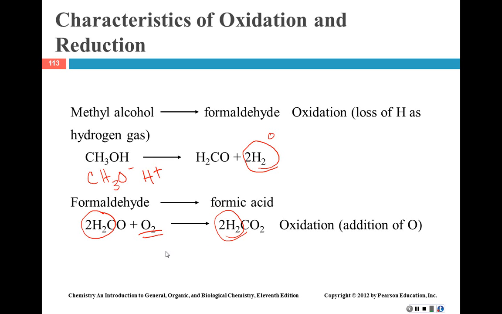These are just examples. You don't really have to be able to look at those so much, because when you do your oxidation reductions in A&P and things, you will talk about adding oxygen as oxidation or losing hydrogen as oxidation.